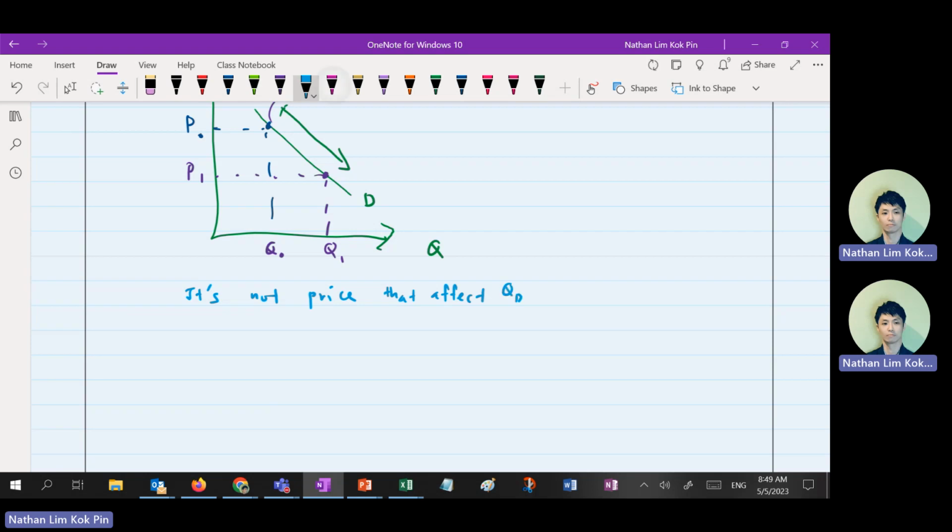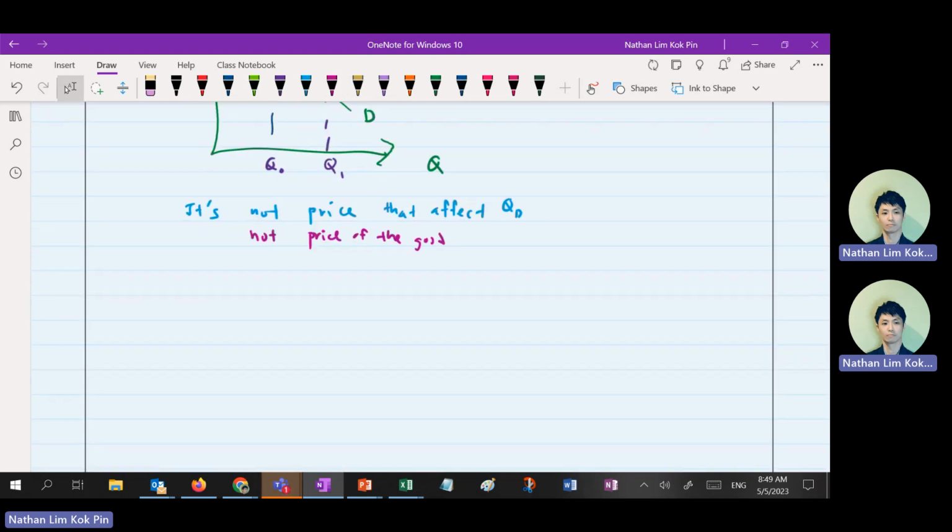You cannot write price, it is not price of the good. You cannot write like that when you want to write your answer. It must be price of the good itself. Cannot miss any word. Does it make sense to you?